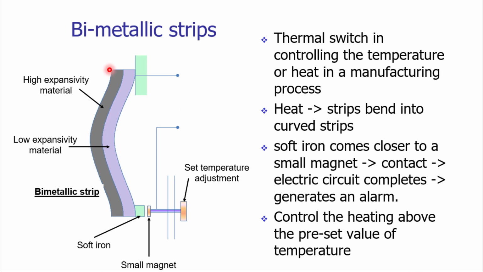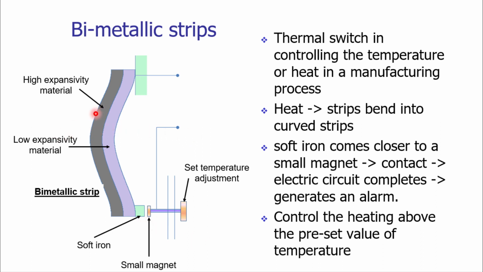One end of the bimetallic strip is fixed, the other end is free. At the other end we have a soft iron. This soft iron is in proximity with a magnet. There is a knob which will set the distance between the small magnet and soft iron.